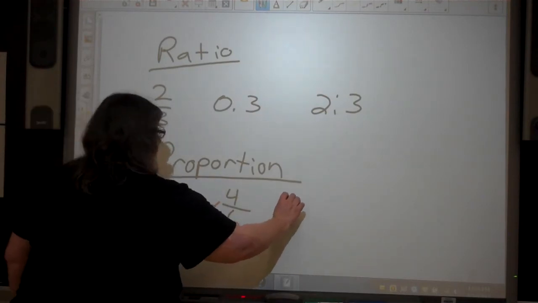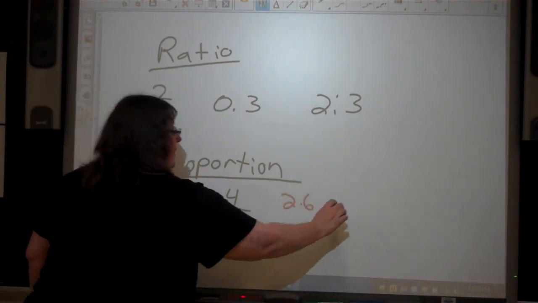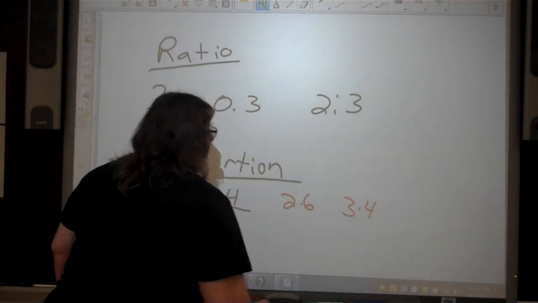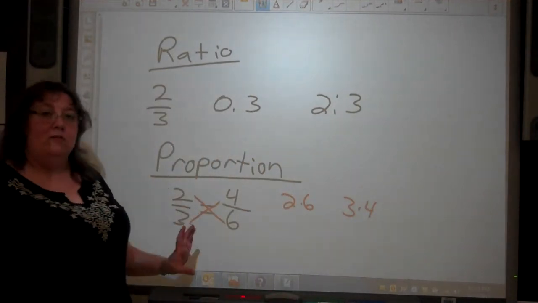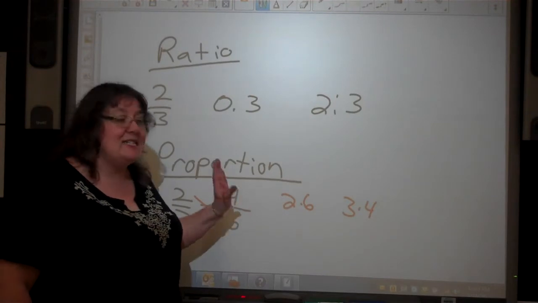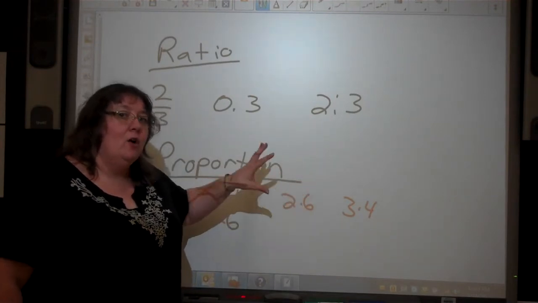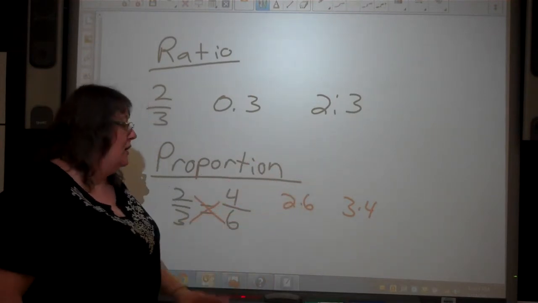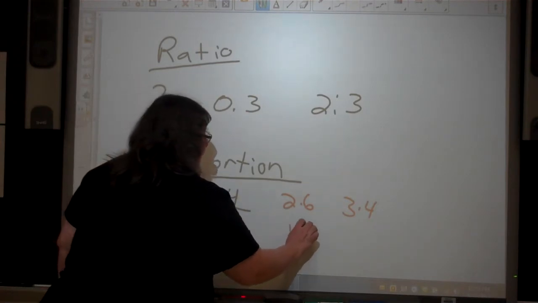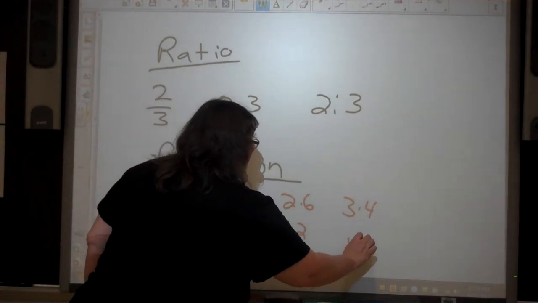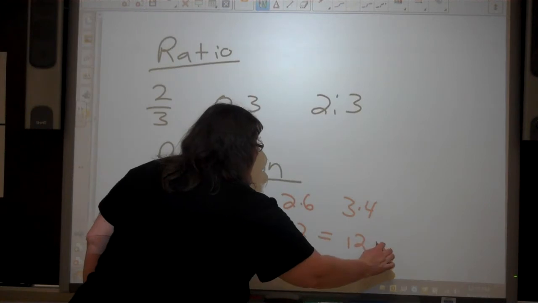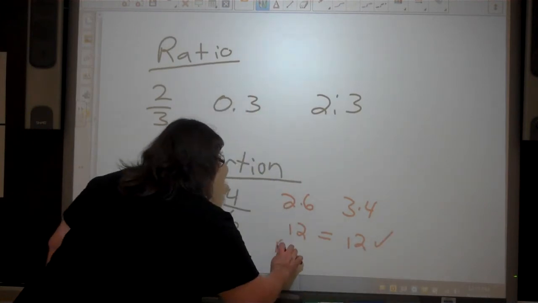So we have to say 2 times 6 and 3 times 4. Now the reason I'm not putting an equal sign in between is because we need to see if this is actually working. We actually have to do the math on this part. So 2 times 6 is 12, 3 times 4 is 12. They are indeed equal, so this is a proportion.